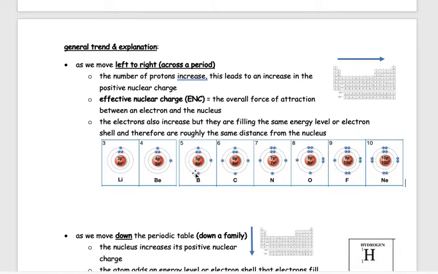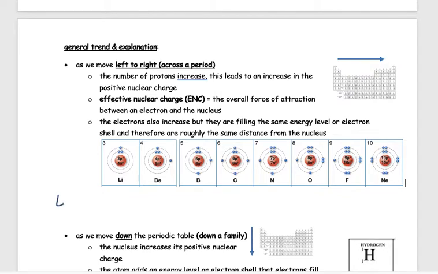That ring is essentially the same distance. It's not perfect, but it's pretty much the same distance from the nucleus. So these electrons are going into a spot here, but as we go across the table the protons are increasing, so therefore the force of attraction is increasing.